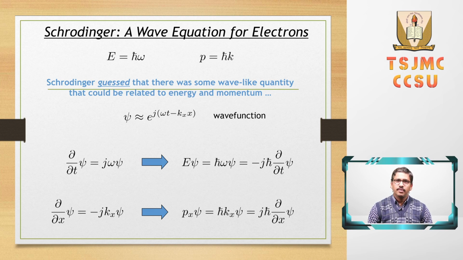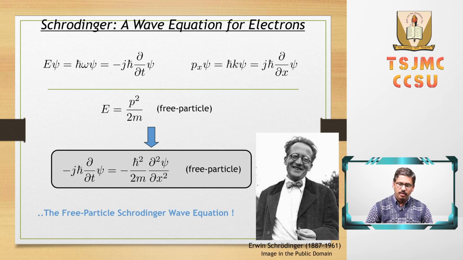And again, if we take a differentiation with respect to the spatial part, we will get our momentum operator, px psi is equal to h cut kx psi, that is j h cut del by del x psi. So from these two relations, we can describe a second order differential equation.